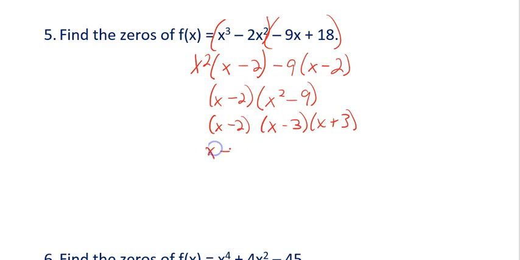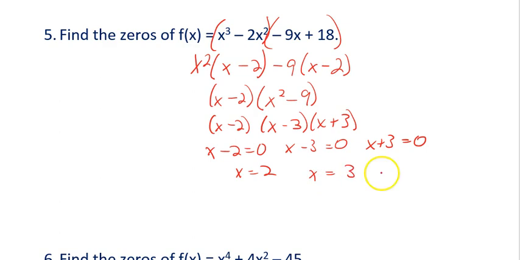And now I can set all of those equal to 0 and solve them. So I have x equals 2, x equals 3, and x equals negative 3. I have 3 zeros. The highest power of my problem was 3, and so I have found all the answers. They happen to be all real answers, and they're only counting once. So this graph should cross through the axis at each of these places.